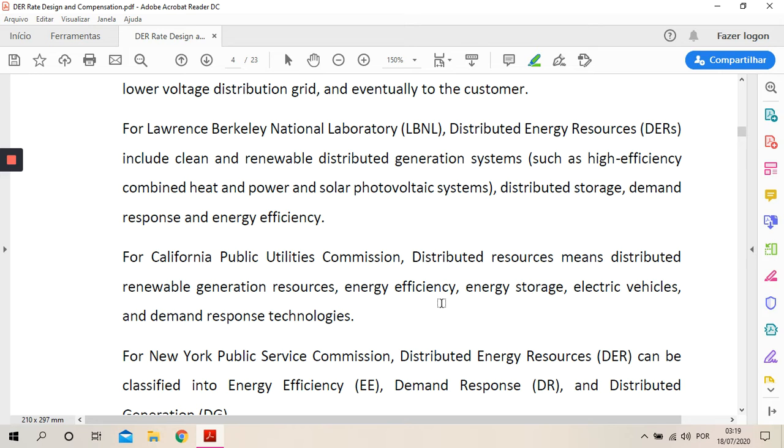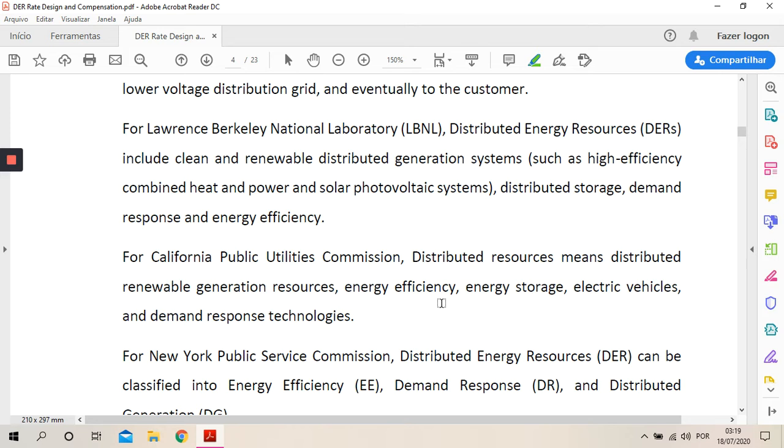Now let's see some definitions provided by accredited and acclaimed institutions, such as, number one, Lawrence Berkeley National Laboratory.